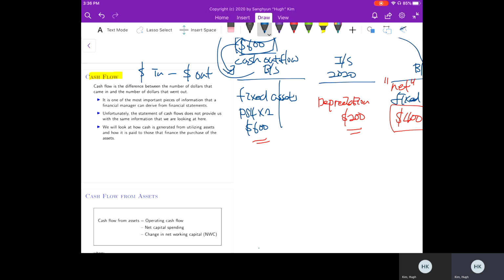Unfortunately, there's an accounting statement called the statement of cash flows, but it does not really provide us with the kind of information that we're interested in here. We're going to look at how cash is generated from the assets and how it's paid to those that finance the purchase of these assets.